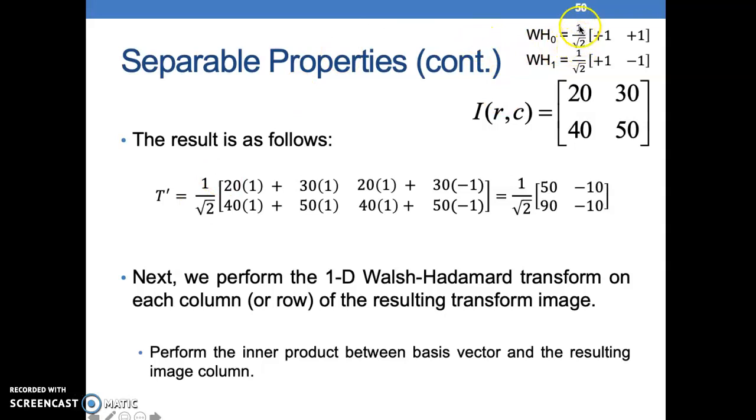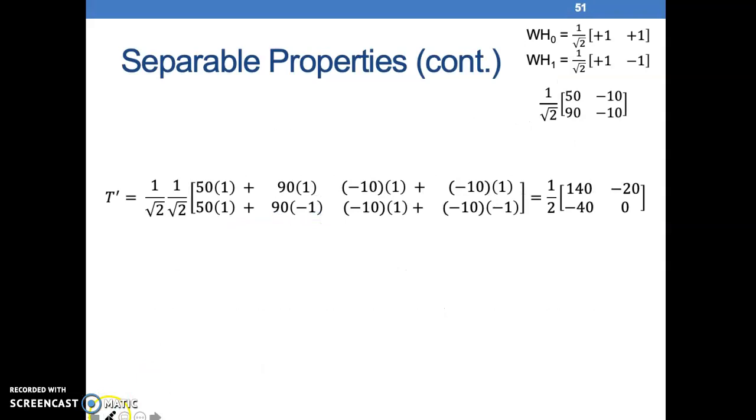Since the basis has a factor of 1 over square root of 2, you will separate it, and 20 multiplied by 1 and 30 multiplied by 1. Next, go to the next row, 40 multiplied by 1 and 50 multiplied by 1. Then you will get this.